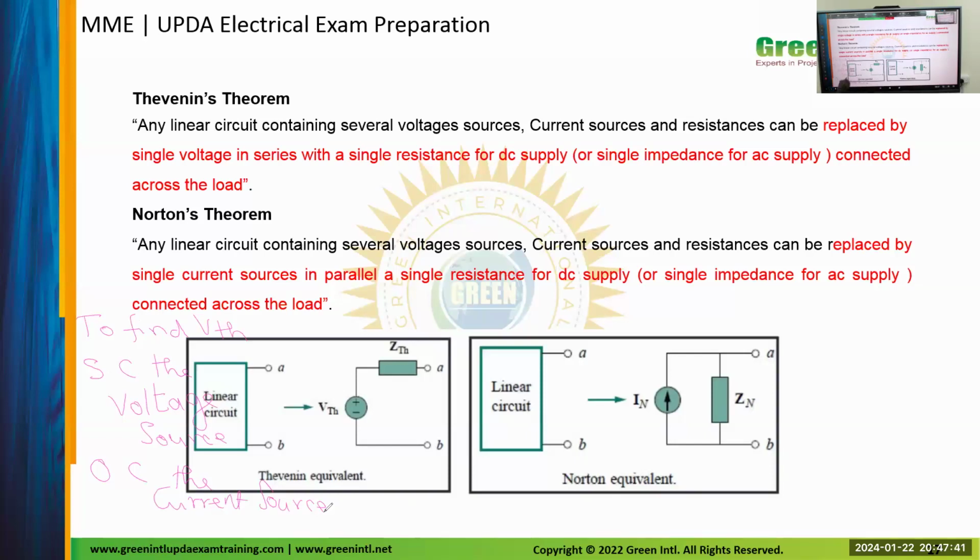In the Thevenin circuit, we need to find the VTH. In the Norton circuit, we need to find the Norton current IN.